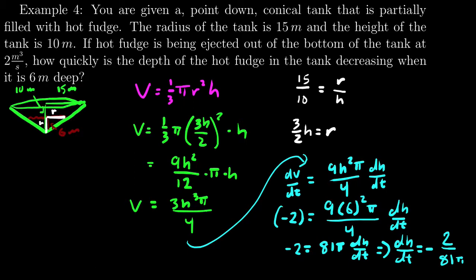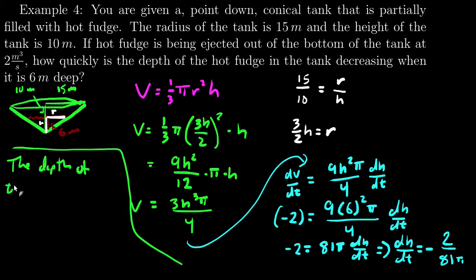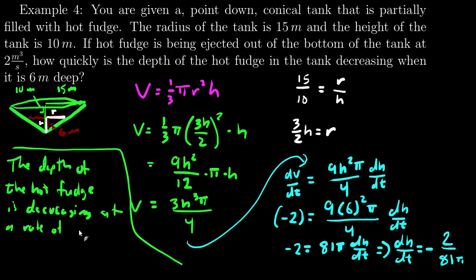And so what this means is the depth of the hot fudge, so much hot fudge, is decreasing at a rate of 2 over 81 pi, and this is going to be in meters per second.